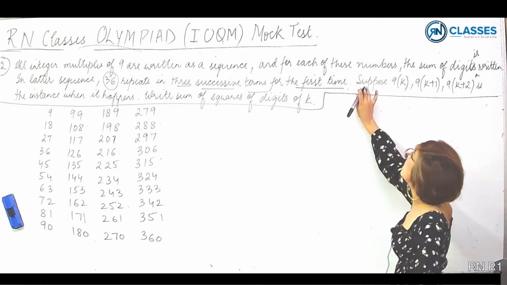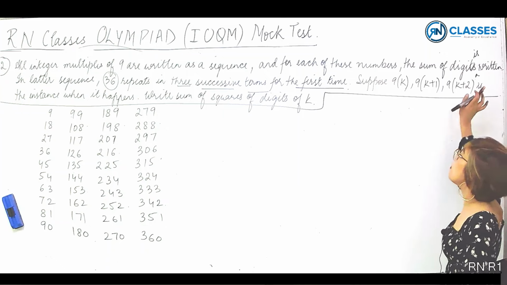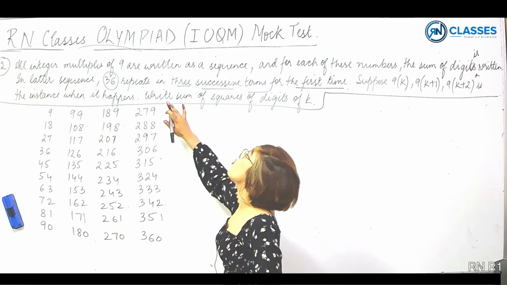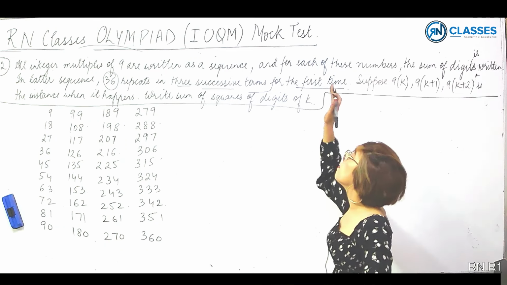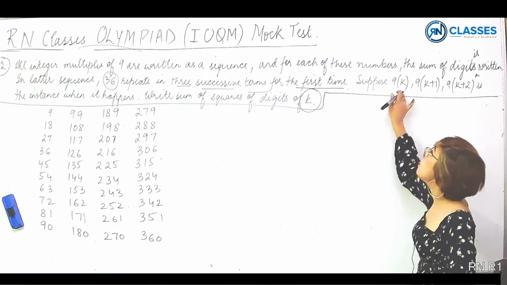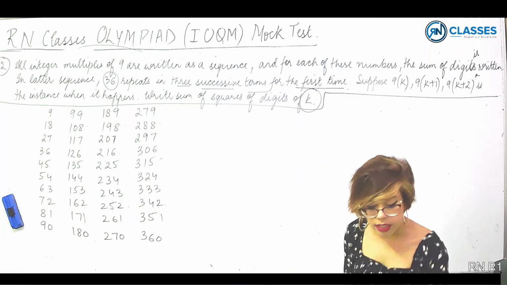Suppose 9 into k, 9 into k plus 1, 9 into k plus 2 is the instance when it happens. Then you need to write the sum of squares of digits of k. Basically, you need to find the value of k, which multiple of 9 it is. Okay. So let's start.